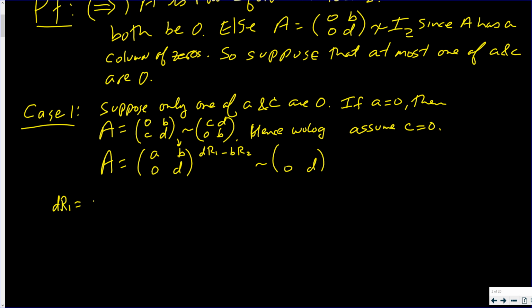D times row 1 is AD, BD. And B times row 2 is 0 times B, and B times D. And if I subtract, the new row 1 will be AD, 0.